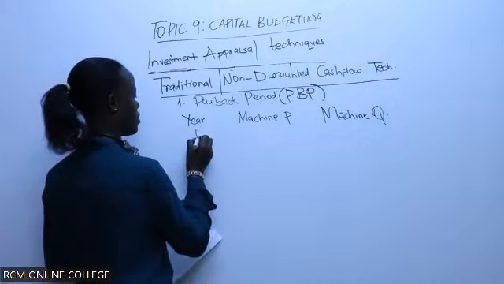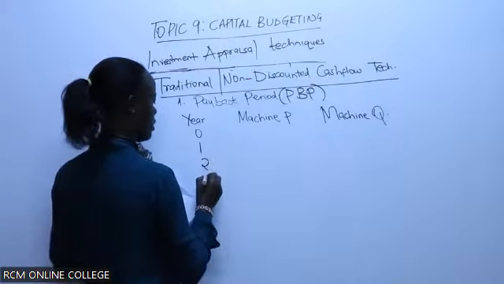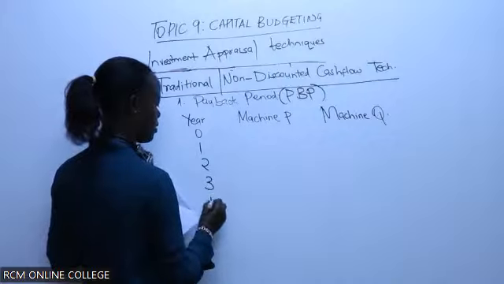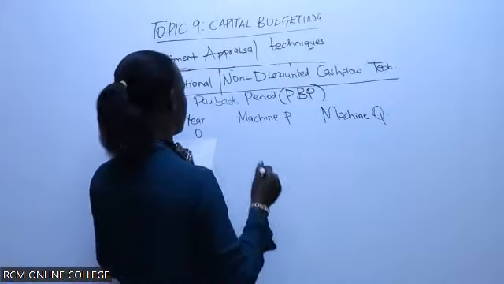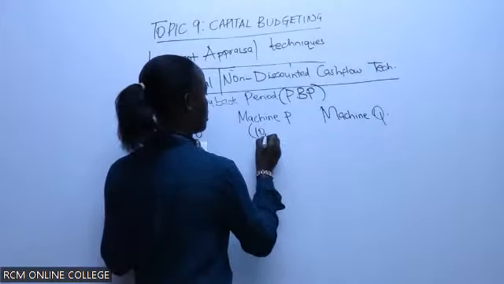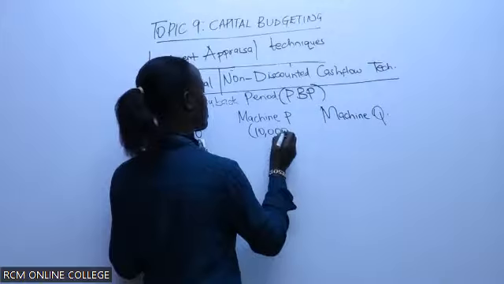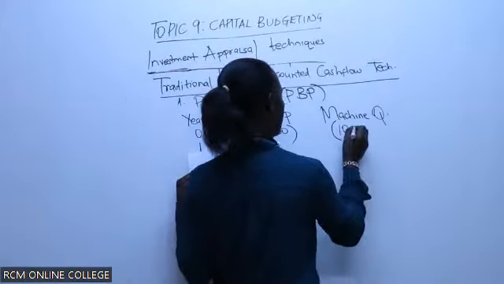Then we have year 0, year 1, 2, 3, 4, and 5. And the cash flows for year 0, here we have 10,000. And the same for machine Q, it has 10,000.